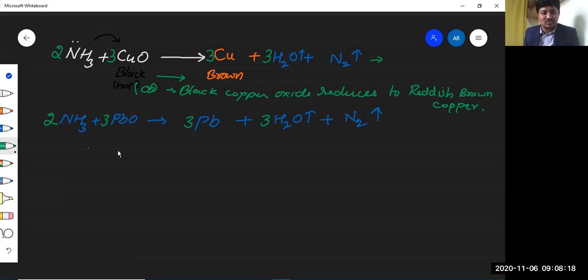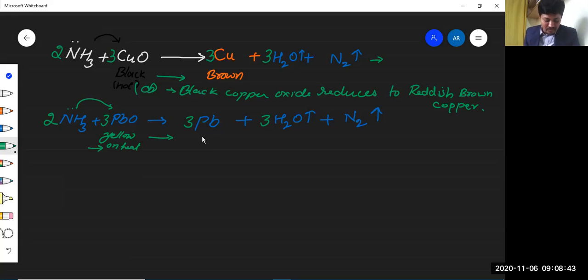Here, what happens when we pass ammonia gas over lead oxide? Actually lead oxide initially is white in color. On heating, lead oxide turns yellow. Now when we pass ammonia over the lead oxide, it is converted into a silvery gray metal, that is what we call lead.